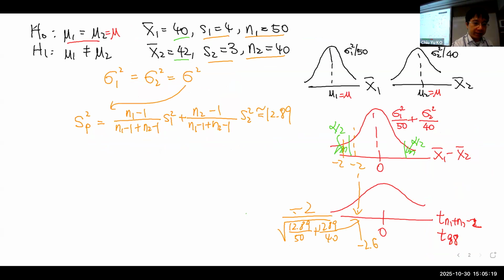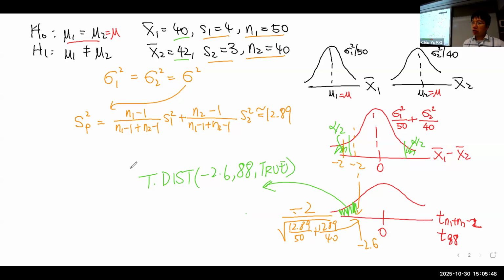So the question would be, there are 2 ways to do it. You check this number, the area, multiply by 2, is it less than 5%, right? So what we're going to do is T, this, -2.6, 88 degrees of freedom.